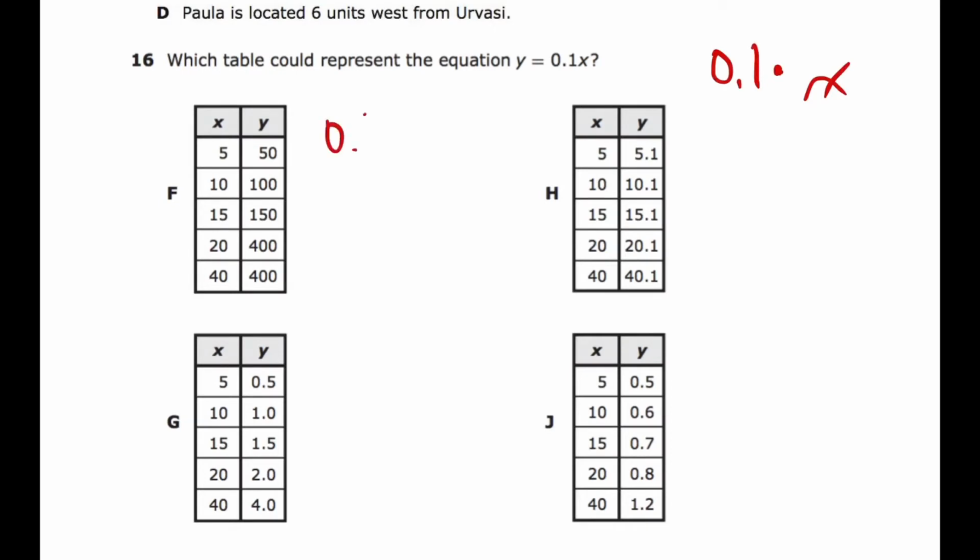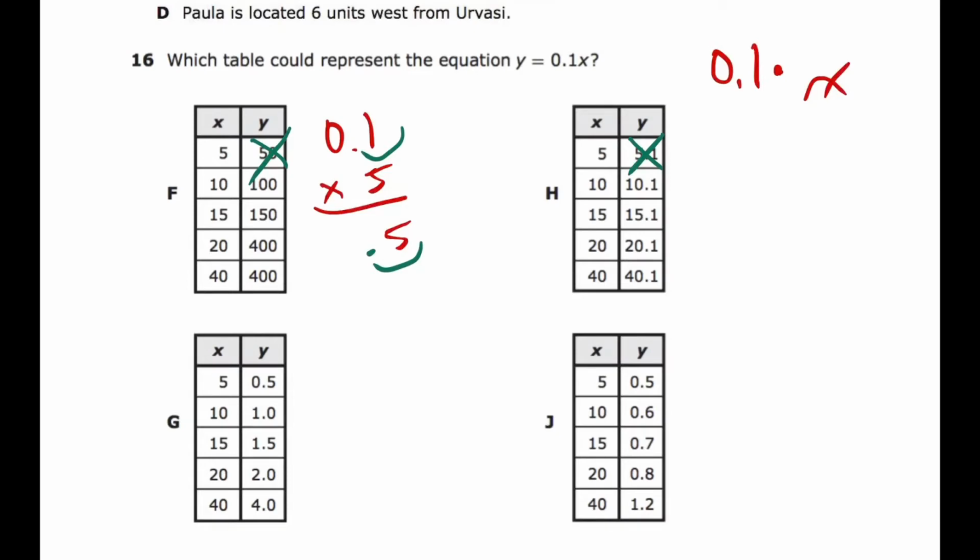So if I have 1/10 times 5, because x is 5, 5 times 1 is 5, and then I have 1 decimal place. So my answer should be 5/10. And so I can eliminate this one, eliminate this one, and so I've already eliminated 2 answer choices.